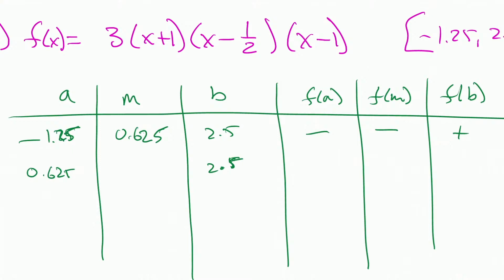All right. Well, let's get one more iteration. Then we need to talk about what's going on. So let's see, 2.5 plus 0.625. That's what I'm doing on my calculator, and then I divide that by 2. That gives me the midpoint, just the average of those two numbers, 1.5625. We already know this will be negative, that will be positive. So all that's left is to do the function value.